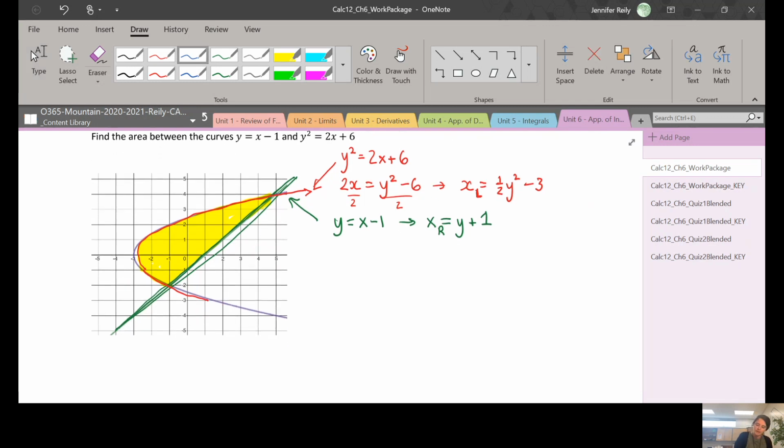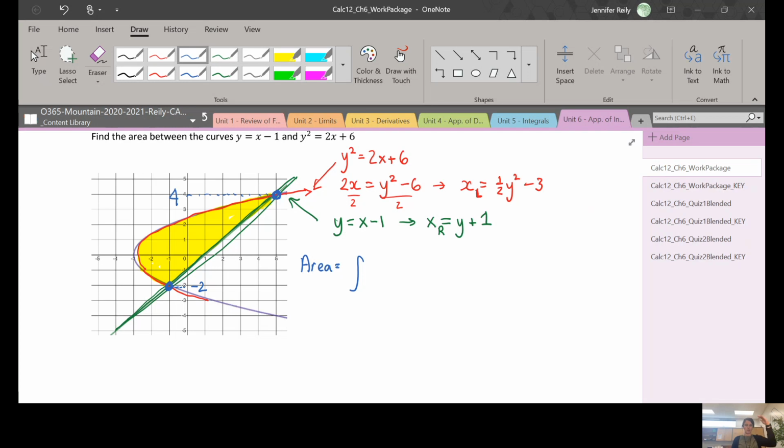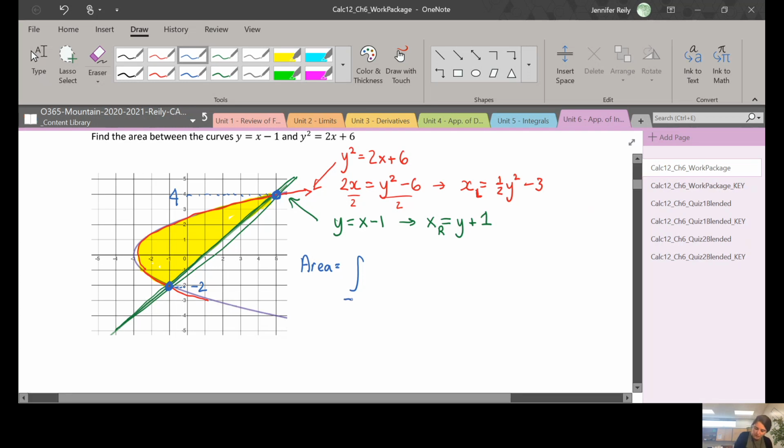Okay, so now to find the area. So we're integrating in terms of y. So the bounds for my integral are y values. So the low bound is at -2, and the upper bound is going to be at 4. So I'm going to integrate from y equals -2 all the way to y equals 4.